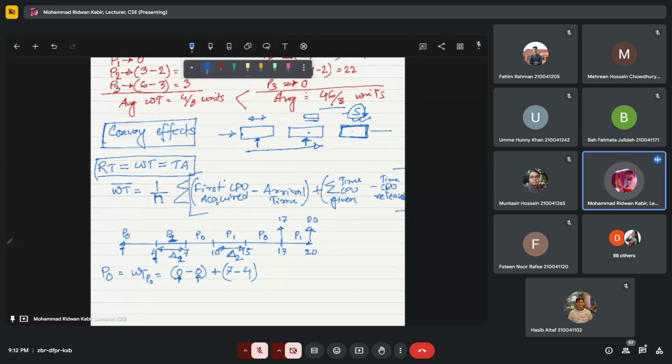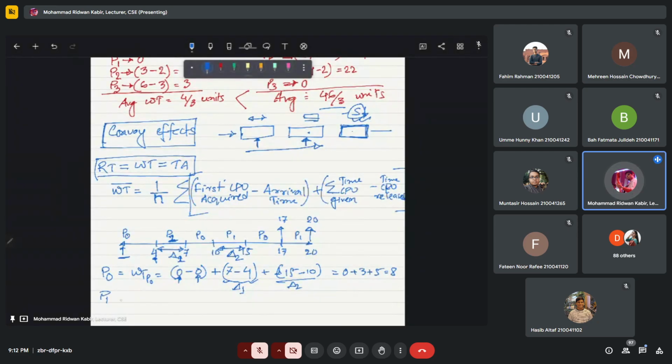So for P0, the waiting time would be the summation of the response time, delta 1, which is this one, and delta 2, which is 15 minus 10, which gives you 0 plus 3 plus 5, a total of 8 units of waiting time for P0.